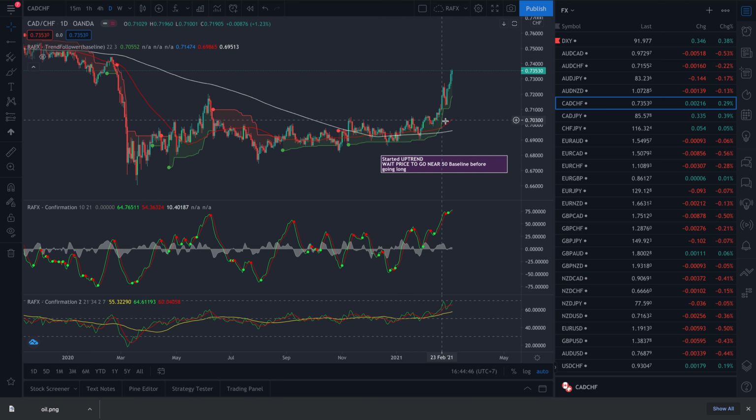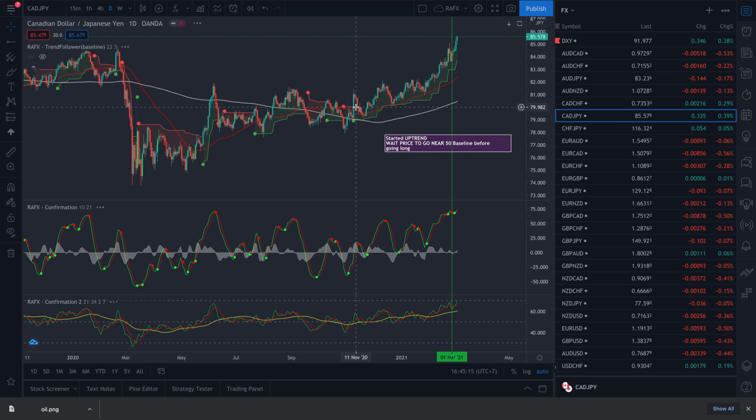It's one of the market structures that I use in most of my trades. Since it is far from the market structure, I am going to pass and look into the lower time frame.